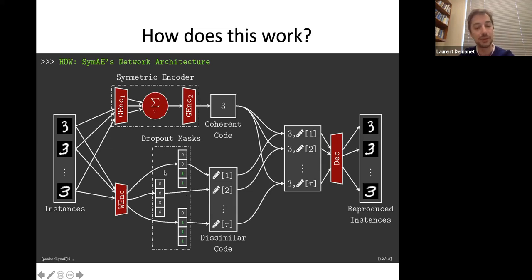There are tricks for doing that. This is what we call dropouts, for instance. But what matters is that we have another latent code here that carries the style or the nuisance, which allows us to say those instances are different from one another and how they're different from one another. Then the decoder is whatever is needed to put those codes back together and form the data set. So that is what we call a symmetric autoencoder. And these are ideas that have been around in different communities.